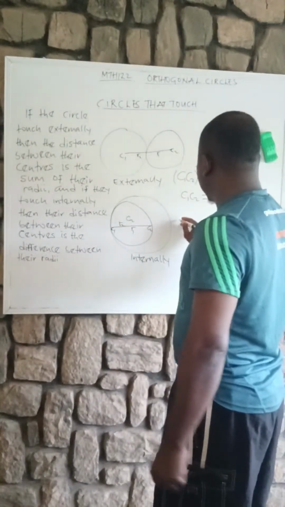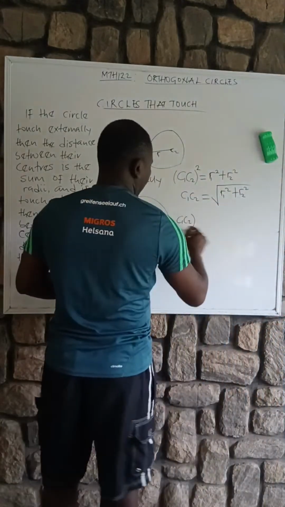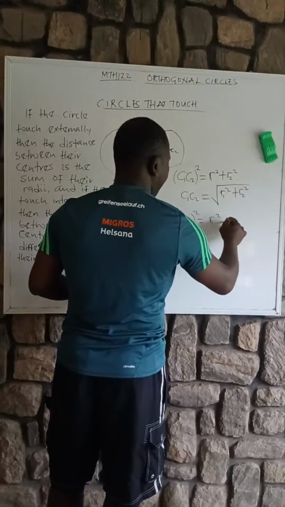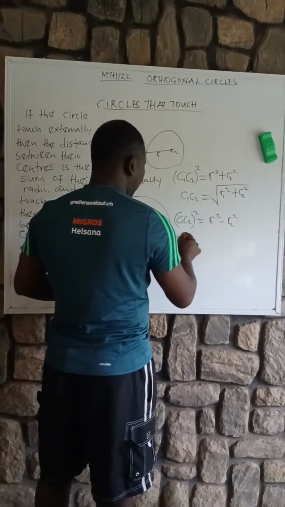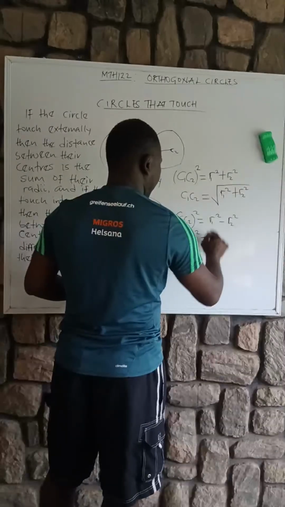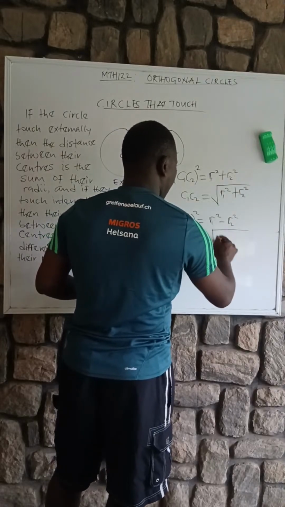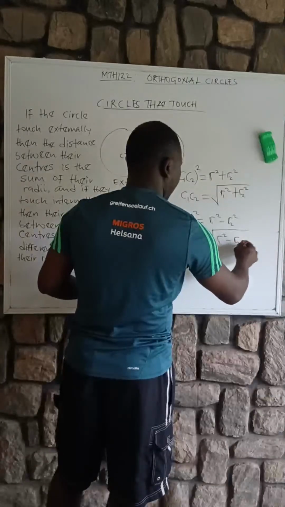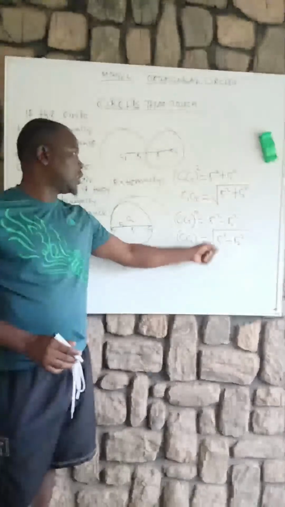So here C1C2, all in brackets, is equal to r1 squared minus r2 squared. Then C1C2 is equal to the square root of r1 squared minus the square root of r2 squared. So you can now see the difference between this and this.